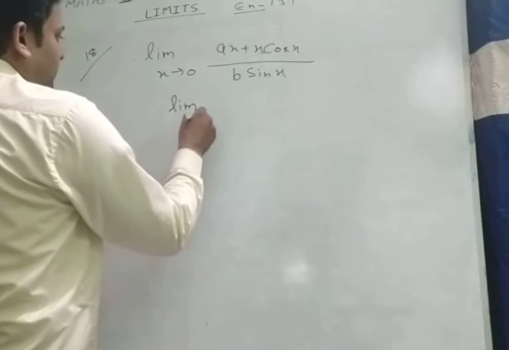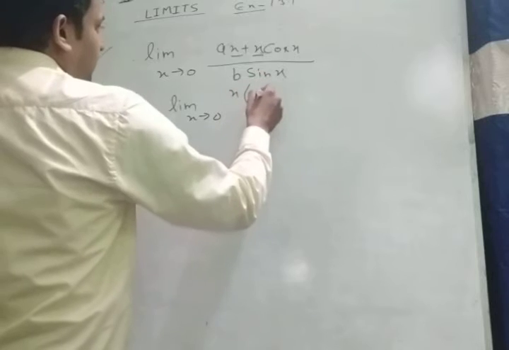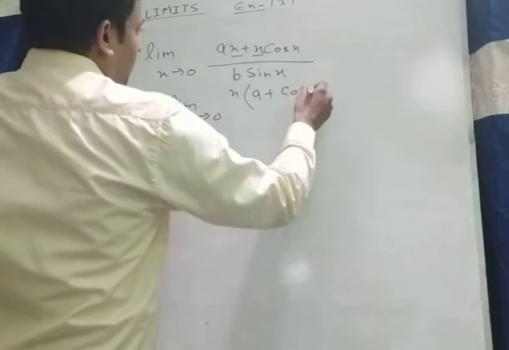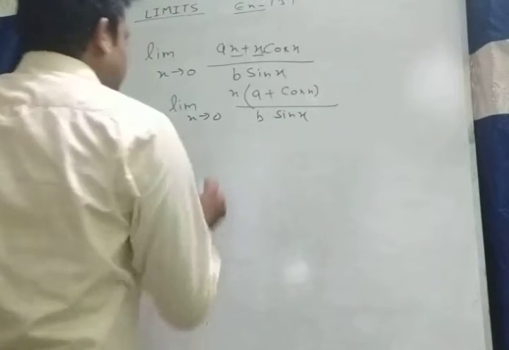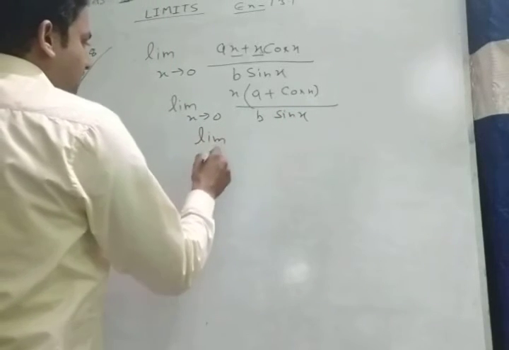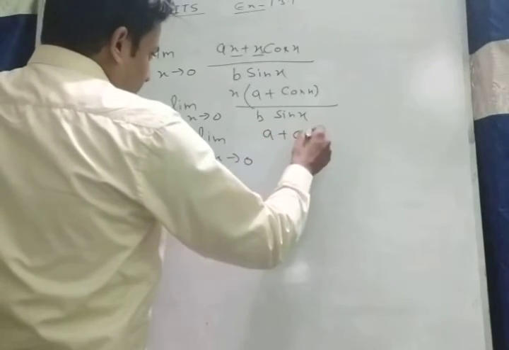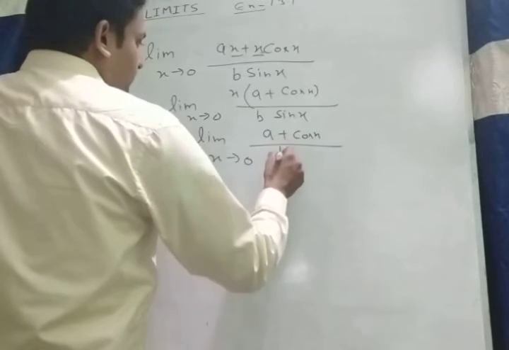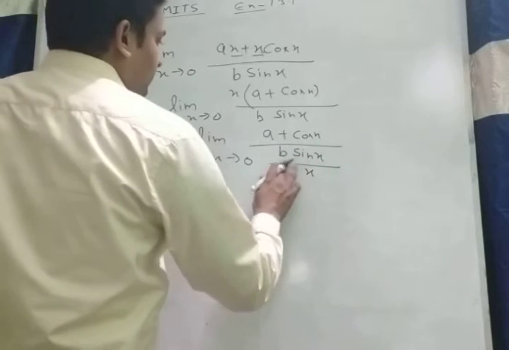Limit x tends to 0, taking x outside, we get (a plus cos x) by b sin x. Now limit x tends to 0, (a plus cos x) upon b sin x upon x.